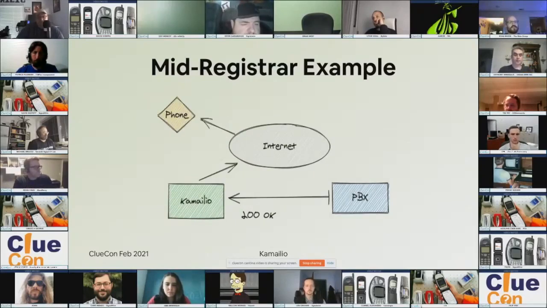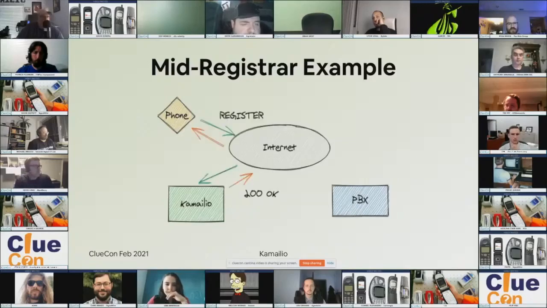And so Commonilio sees that it's a 200 OK, and then it sends it back, but it shortens the expiration time to whatever we need for the NAT. So let's say this phone is NATed and we want to keep the firewall open, so we'll make it 60 seconds. So we have PBX at 1 hour, the phone to the Commonilio at 60 seconds, and then when the next register comes in, it doesn't even send it to the PBX.